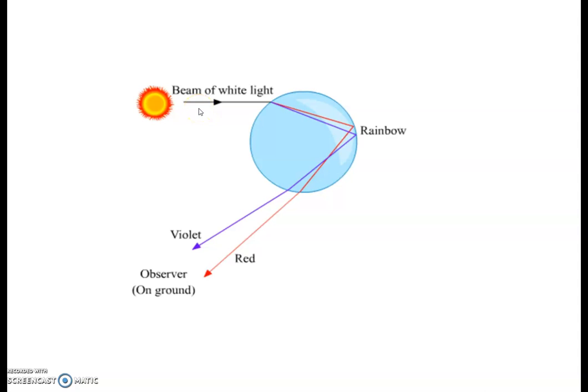When the light is going from a rarer medium to the denser medium, there is a refraction of light, means there is a change in the direction of propagation. At the same time, this water droplet behaves like a prism, so that's why there is a dispersion of light.